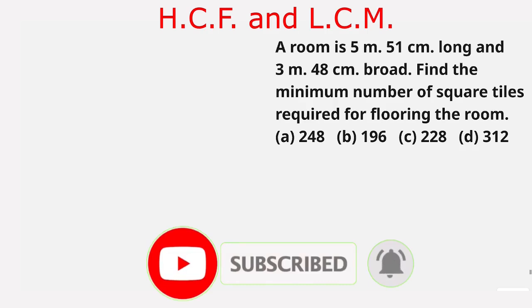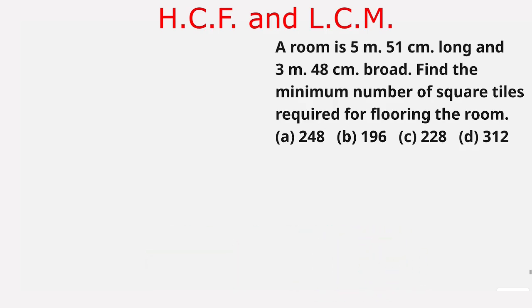For finding the minimum number of square tiles, we must find the largest square tile, and for that we have to find the H.C.F of the length and breadth of the room, and we find the H.C.F by division method.